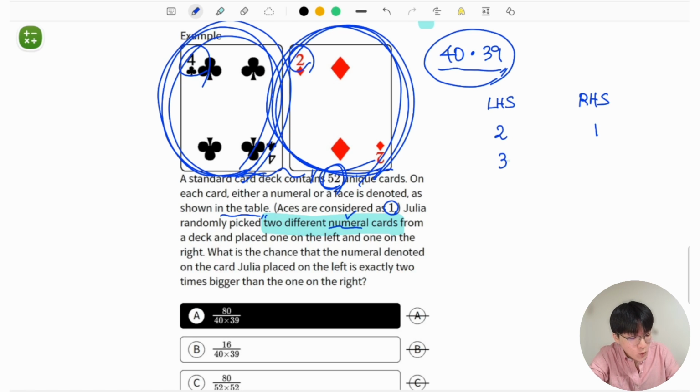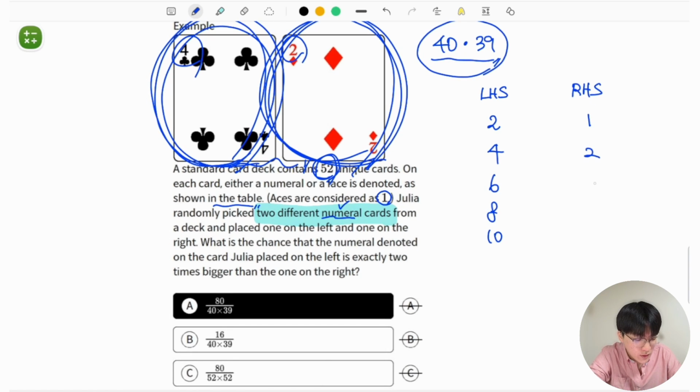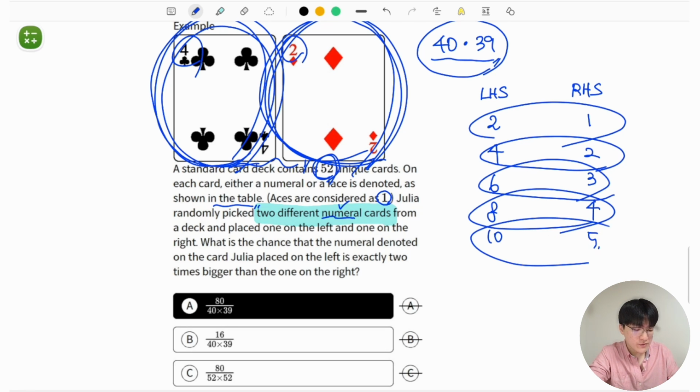All right, 3 and 1.5 does not make sense in this situation. We don't have 1.5 as a card, so we have to go in even numbers, 2, 4, 6, 8, 10. And likewise divide those values by 2, 2, 3, 4, and 5. So those are the total possibilities. So, we have 1, 2, 3, 4, 5. So is it just 5 divided by 40 times 39?